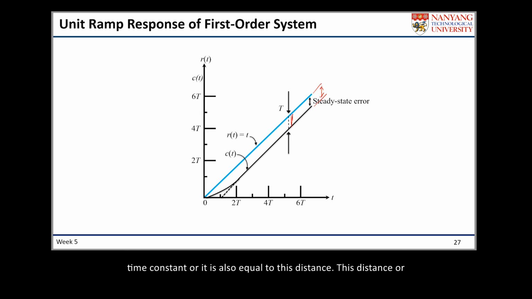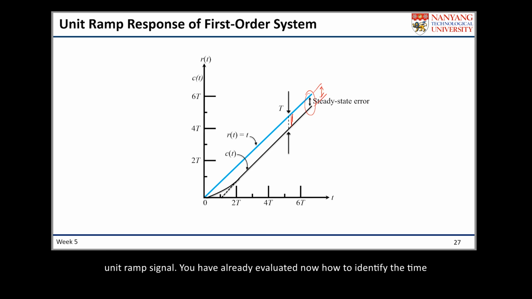So basically, the steady state error is your time constant. Okay, so that's how to identify the time constant of a first order system using a unit ramp signal.